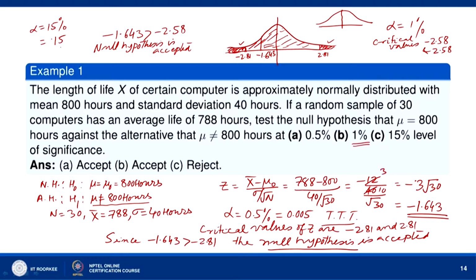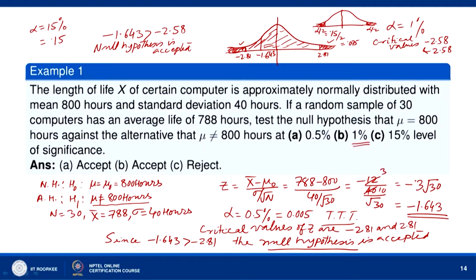Half of this 0.15 area will lie to the left and half to the right, so 0.075 lies on each side, that is alpha by 2 on each side.